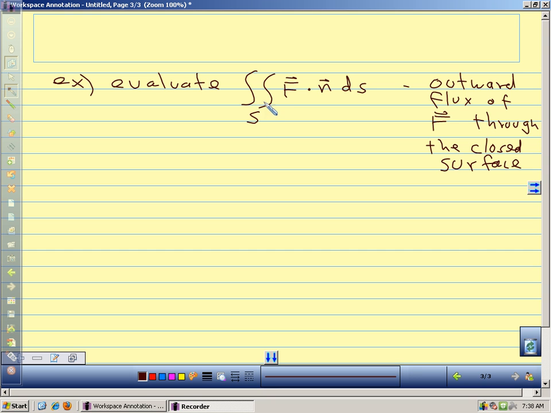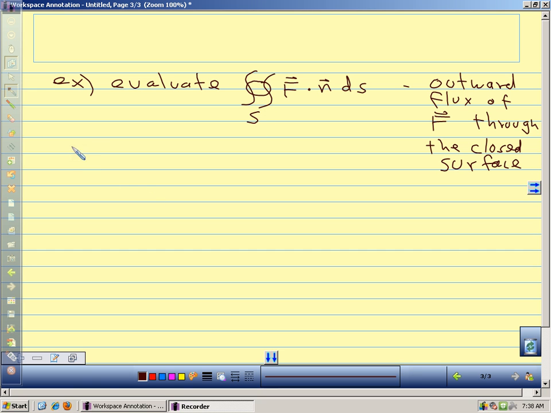So the surface integral of F dot n dS, we could also call the outward flux through the closed surface. This tells us that we're talking about a closed surface. Sometimes when you're talking about a closed surface, like I mentioned, you'll see a circle through your double integrals. That tells us we're talking about a closed surface.